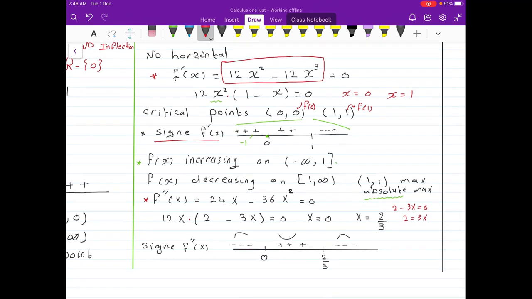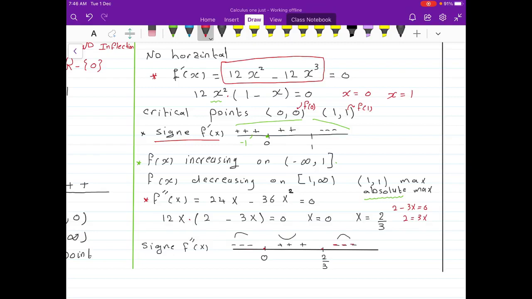Now the sign for f double prime: we have 0 and 2/3, and notice the domain is R. Now if you choose a number greater than 2/3, I chose 1. 2 minus 3, the sign is negative, that means the function on this interval is concave down.